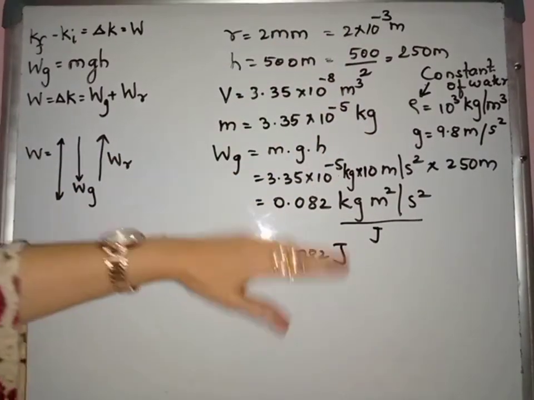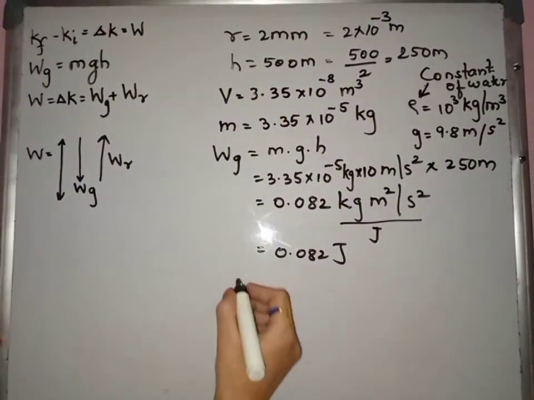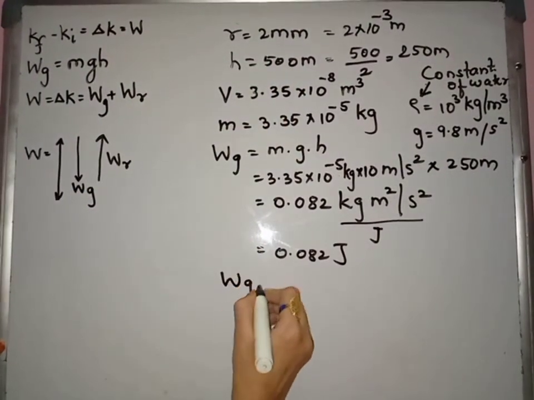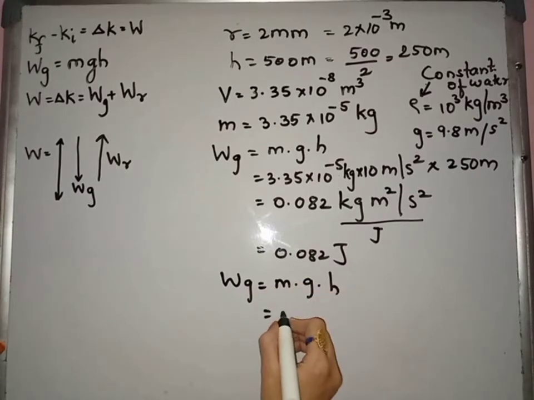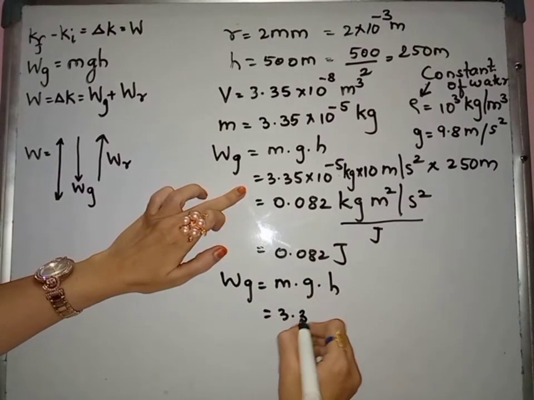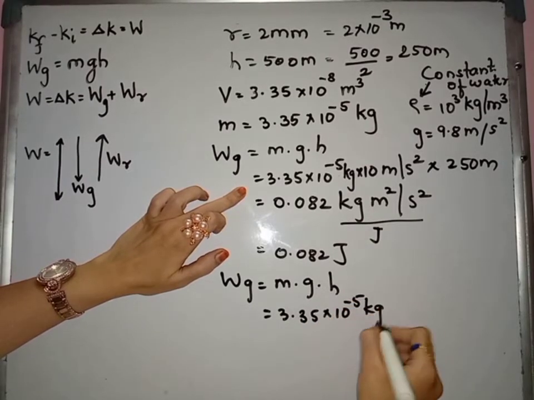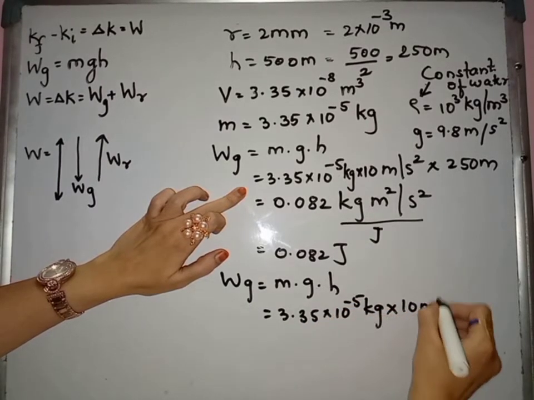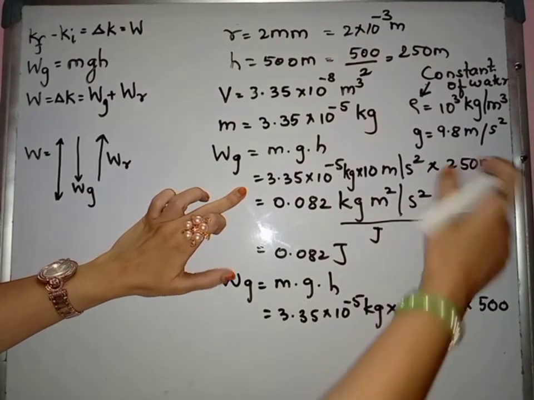So here itself we will calculate Wg for 500 meters. Again we will take the same formula: 3.35 into 10 to the power minus 5 kg into 10 meter per second square into 500 instead of 250.